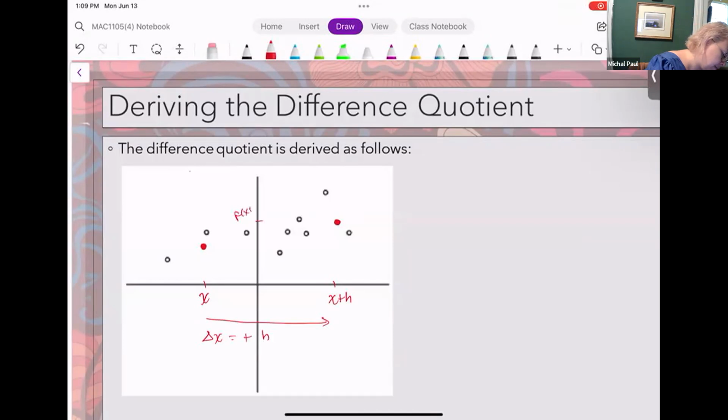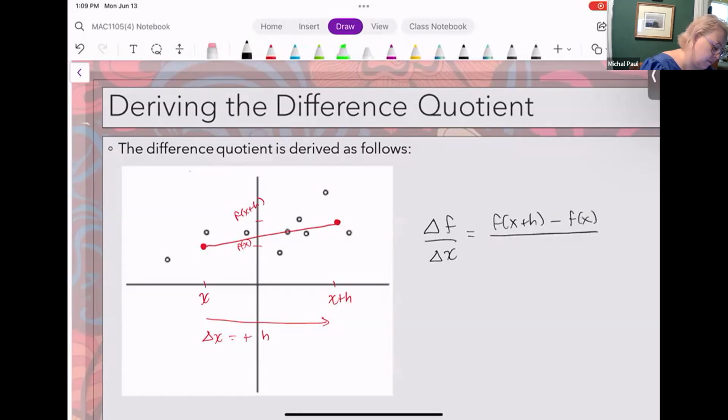This is f of x plus h. This is f of x. And I'm just finding the difference in my y's. I know I just wrote that above, but I just want to make sure it's very clear. This is my change in x. And these are my change in y. Okay.